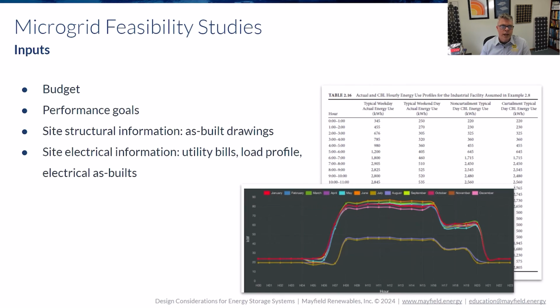Typically what you are going to have to do is, on some level, be creating some sort of load profile. Ideally you would have 15-minute interval data. Sometimes you can get that from smart meters and from the utilities, not always possible. So, creating some sort of load data, or a load table, and that's what we're looking at in that bottom image there.